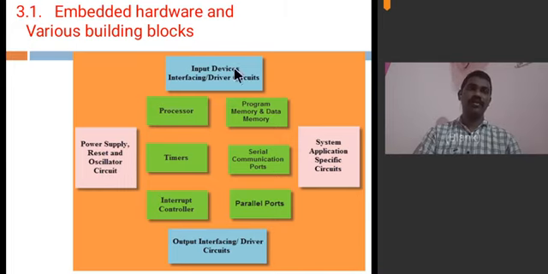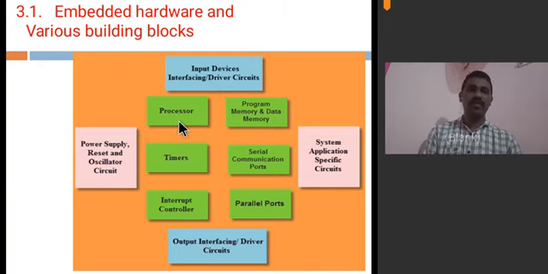Coming to the input devices, there is a need to interface input devices to interact with the external world. Here input devices may be a temperature sensor, ultrasonic sensor, IR sensor, keypads, or RFID readers. With the help of the input devices, you will take the input from the external world and that information is fed to the processor.